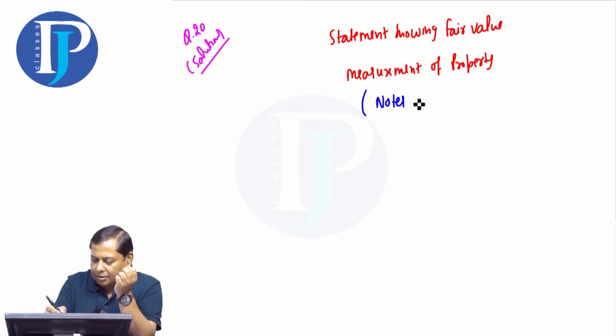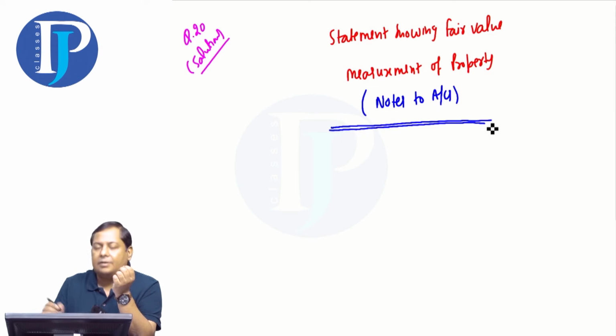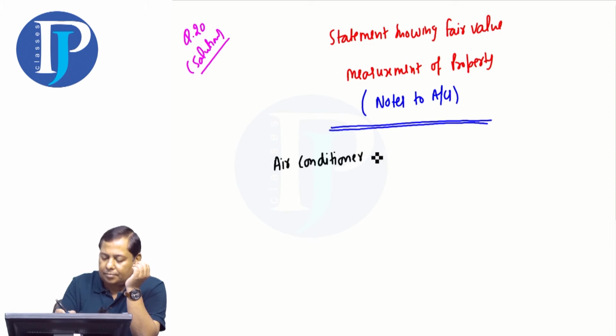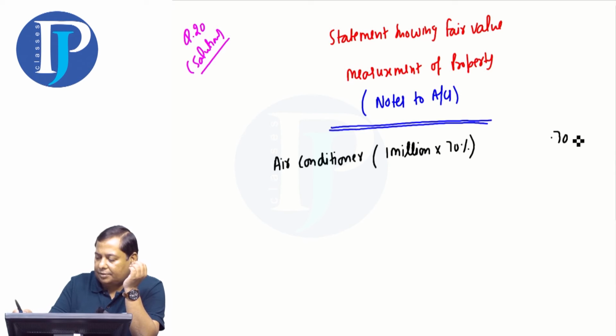But remember, we are doing all this work just for the notes to the accounts, okay? Remember this, students. First, I will write air conditioner. We had invested 1 million. And we'll do 70% of it. It will be 0.7.